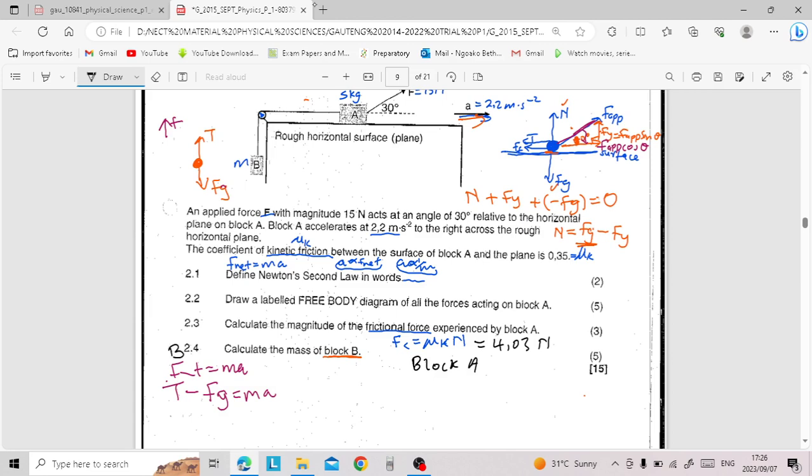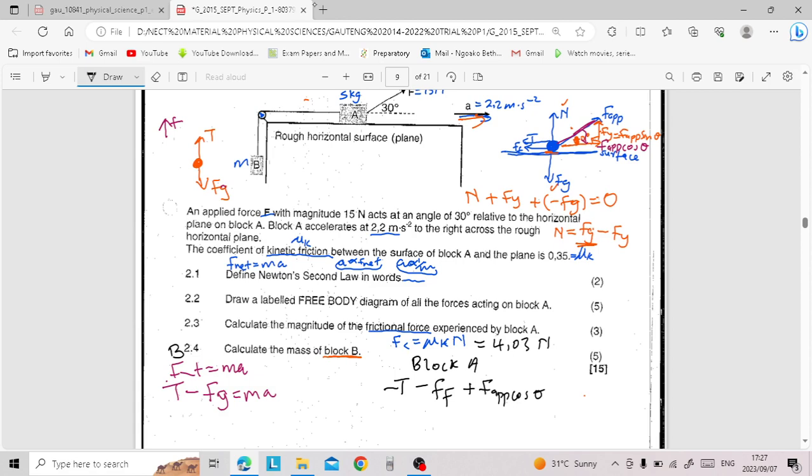So for block A, F net equals MA. We have tension, moving to the right, and moving to the left is negative. The frictional force is moving to the left so it is negative, and the force applied moving to the right is positive, the force applied cos of theta.